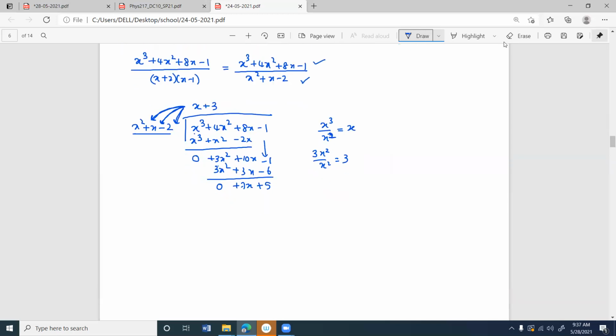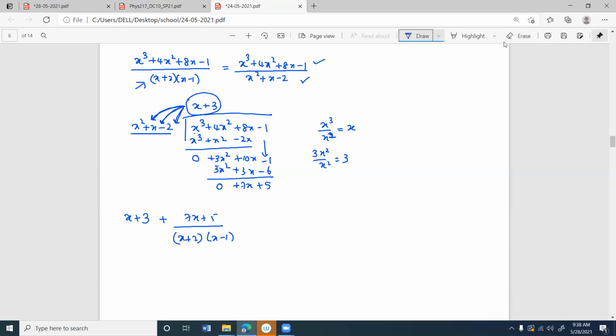Now what you can see here is that this fraction breaks into two terms like this. X plus 3 is the whole number part, plus the remainder. The remainder is 7x plus 5 divided by this denominator. Now again write this denominator in terms of its factors: x plus 2 times x minus 1, right.